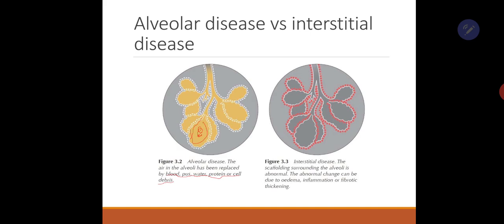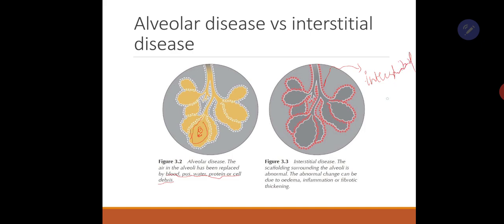And you can see the red lining here. This is the interstitial tissue.